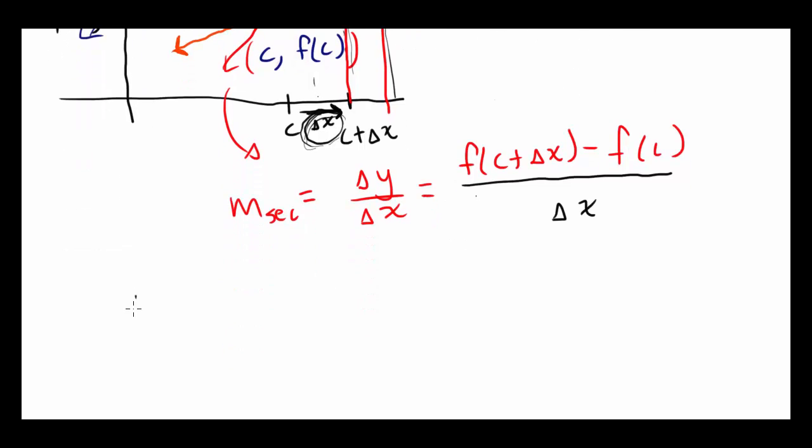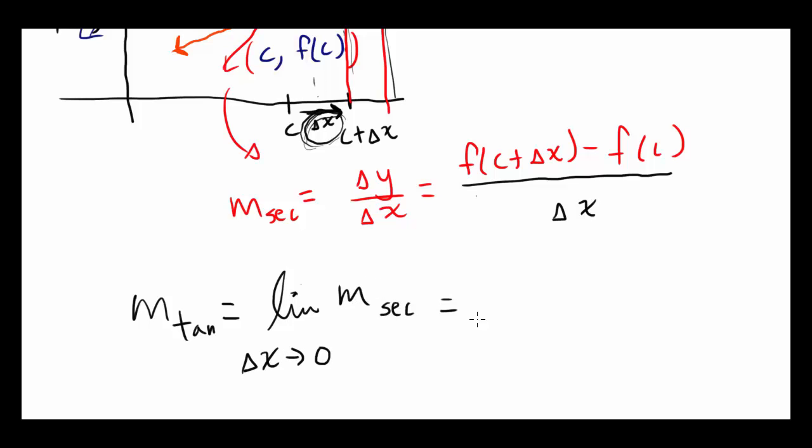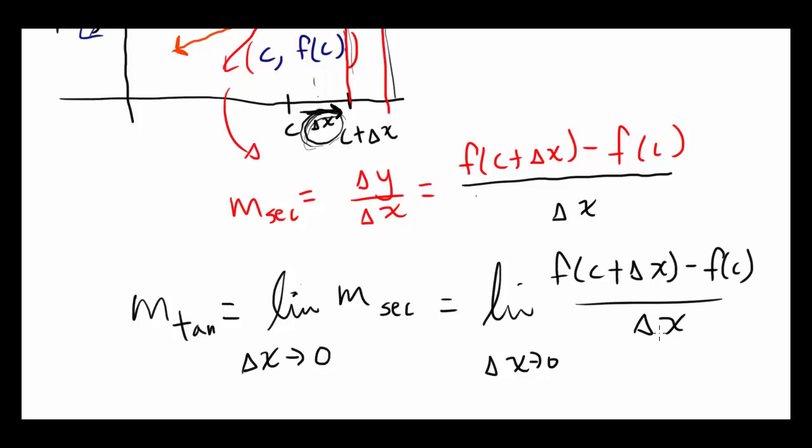So to find the slope of the tangent line, we are going to take the limit as delta x approaches 0 of our slope of the secant line, or the limit as delta x approaches 0 of f of c plus delta x minus f of c over delta x.